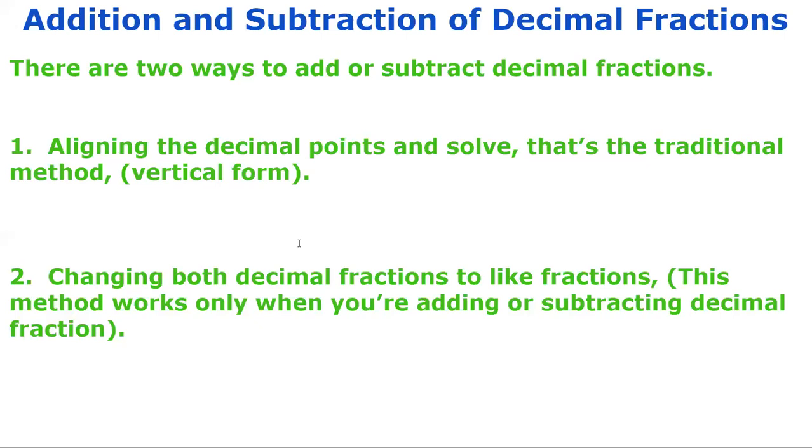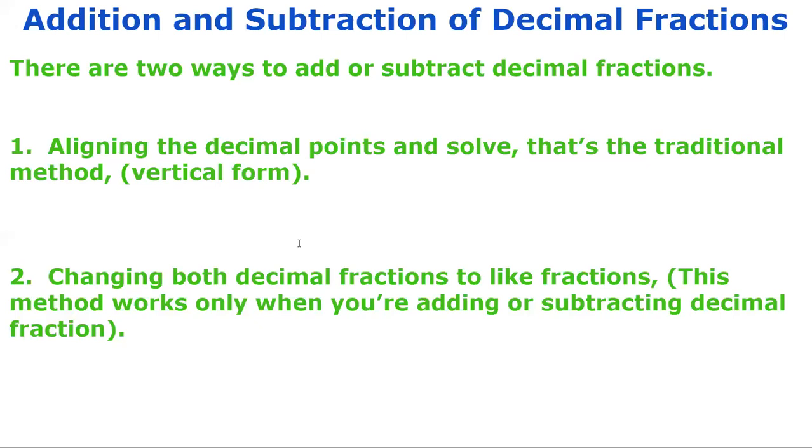The first one is the vertical method. When you talk about a vertical method, it means that you arrange the numbers vertically, from top to down. But you can't just arrange numbers just like that. You align the decimal points and solve.